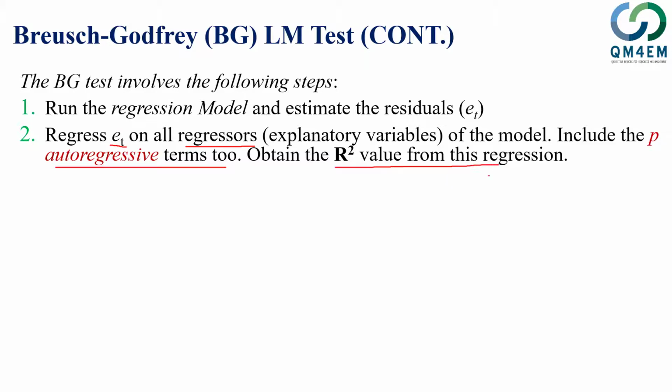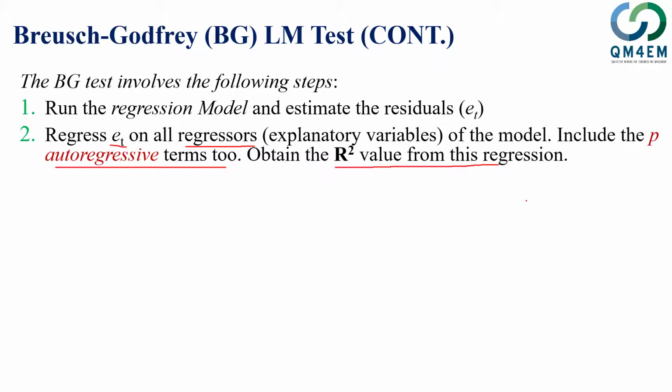In simple words, you take all the variables, run the model, and calculate the error term from that model. Then you take that error term and regress it on all the explanatory variables, but this time you include the autoregressive terms as well in the model on which you are regressing the error term, and you obtain the R square of this model.